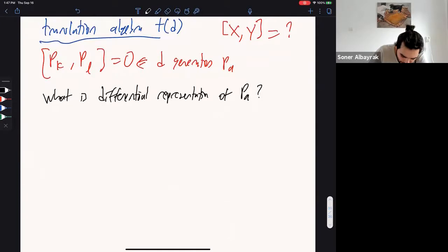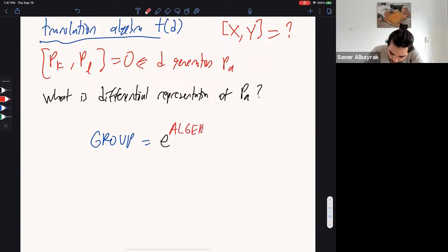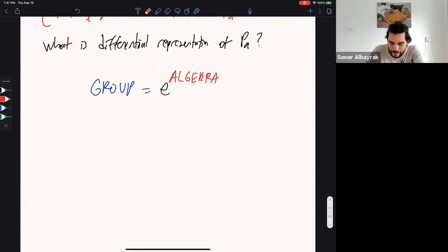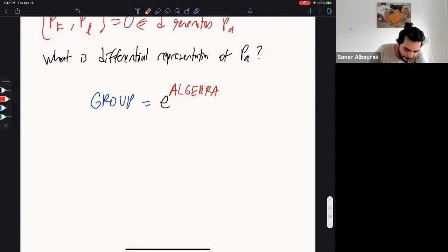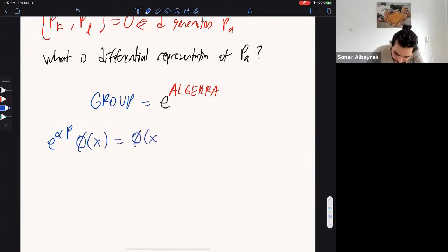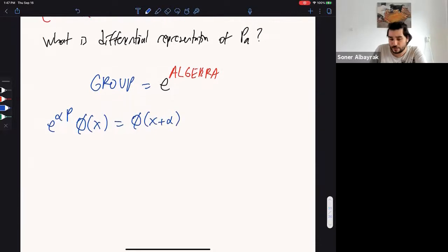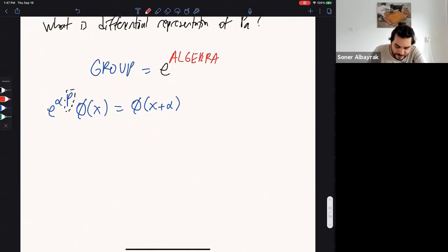So we know that the group, basically, at least the connected part of the group, is e to the algebra. Okay, I am being very schematic, but this is the connected part of the group. So we can try to find that e to the alpha p acted on a function phi(x) should give me phi(x plus alpha), right? This is how translation should work. And I'm trying to find the differential representation for p. Now there's a very simple way to do this.